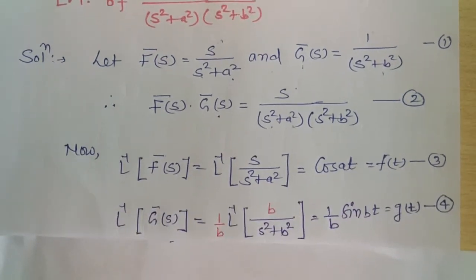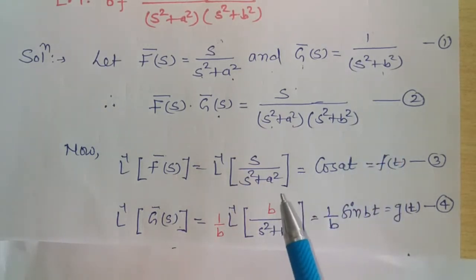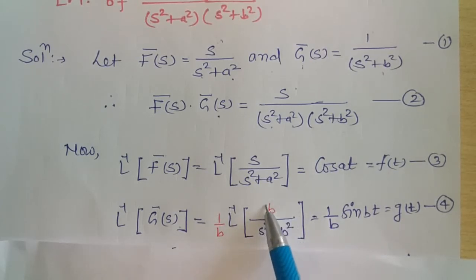Also, the inverse Laplace transform of g bar s is the inverse Laplace of 1 upon s square plus b square. Since the numerator is the constant 1, and the square of b should appear in the denominator, we require b in the numerator, so we multiply and divide by b.